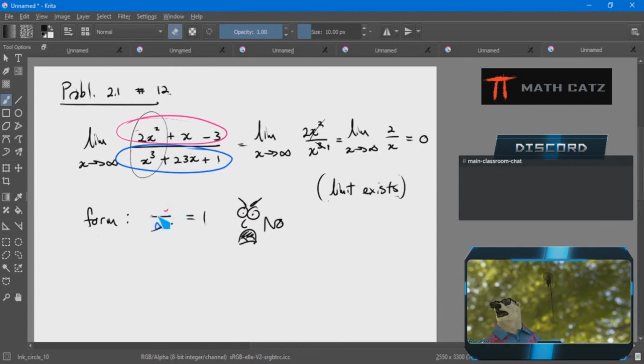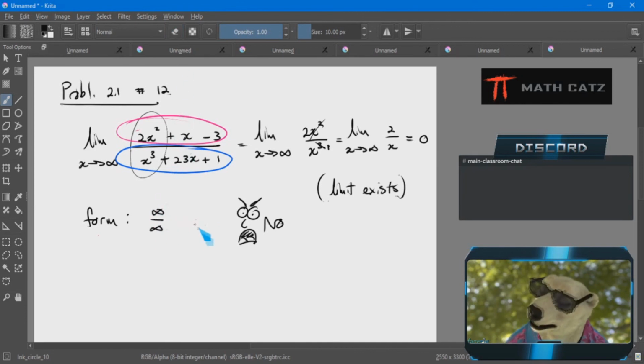All I'm saying is sometimes when I look at the pieces individually, they could highlight what is happening and they could not. In this case, I have an infinity over infinity.